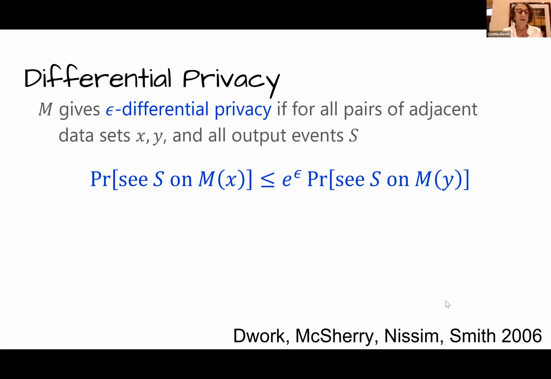So then we say that a mechanism M gives epsilon differential privacy if for all pairs of adjacent data sets X and Y and all possible output events S, the probability that we see output event S when the mechanism is operating on X is very close to the probability that we see output event S when the mechanism is operating on data set Y. And this very close to is captured by e to the epsilon, which is approximately 1 plus epsilon when epsilon is small.